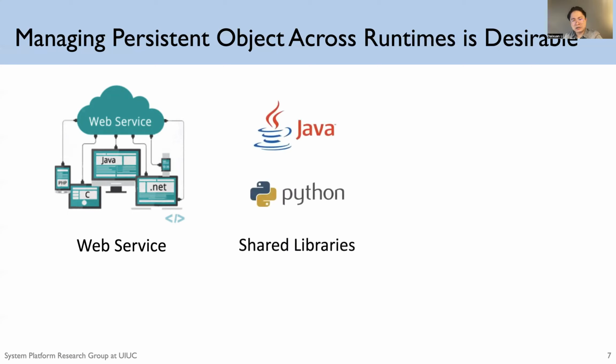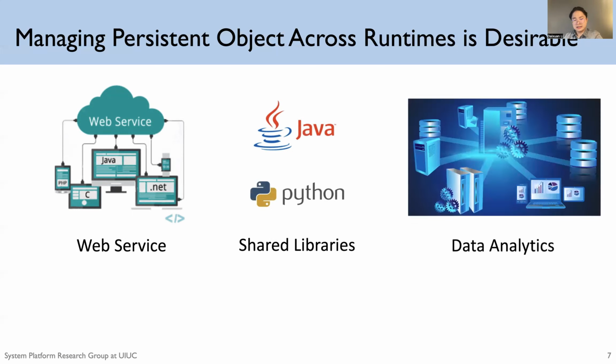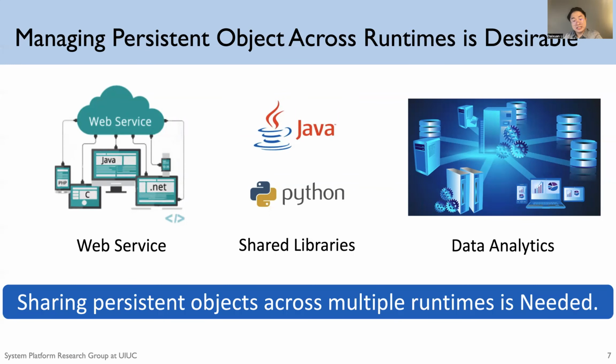In shared library scenario, multiple Java or Python programs that are using the same library can concurrently access shared persistent objects together. In data analytics scenario, programs that are written in different languages can concurrently analyze the same dataset and create shared persistent objects in the analysis. In these scenarios, we see that object sharing among managed runtime are needed.